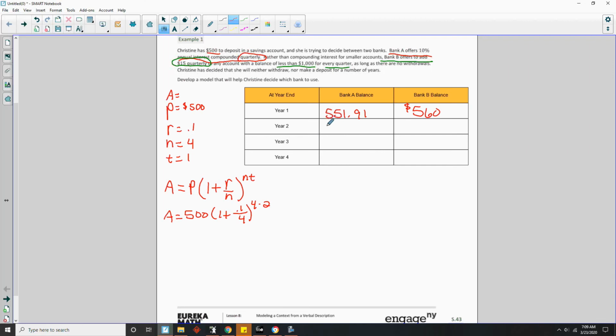So year 2, we're going to have $609.20. So this is going to just keep adding $60 every year. $15 a quarter is $60 a year. If I add 60 to 560, I get $620. So after 2 years, I'm still making more with the interest rate.